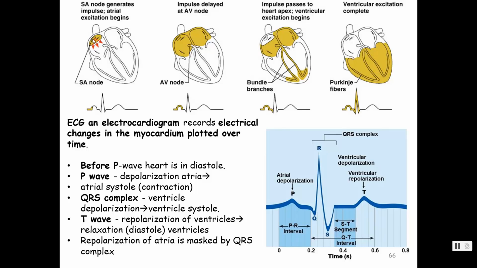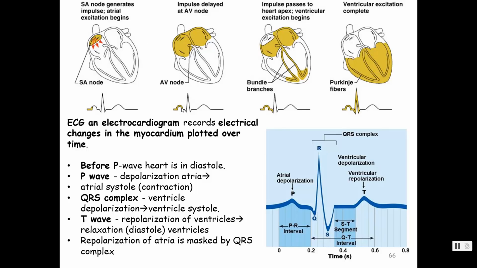So we know that the SA node depolarizes first. So when we get depolarization, remember we have sodium moving, calcium moving, and potassium moving. That can be read on the electrocardiogram. And so here we have the P wave, and it's showing you that depolarization is spreading.